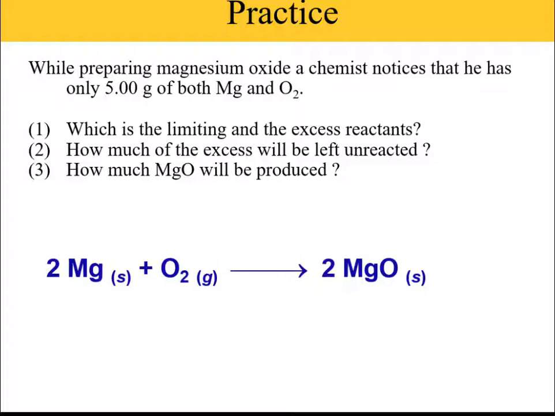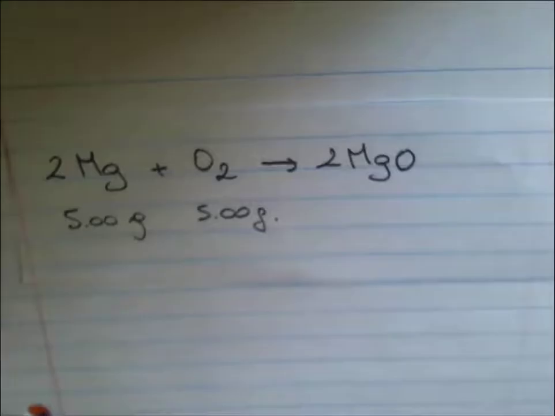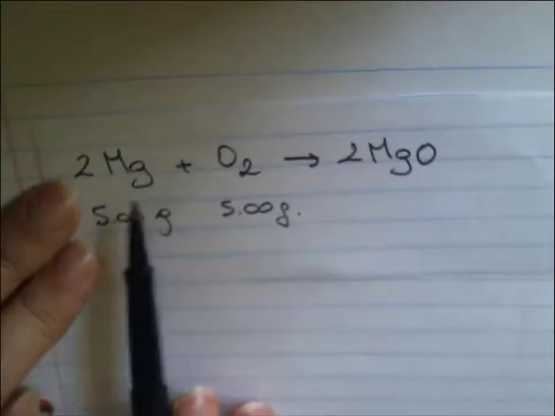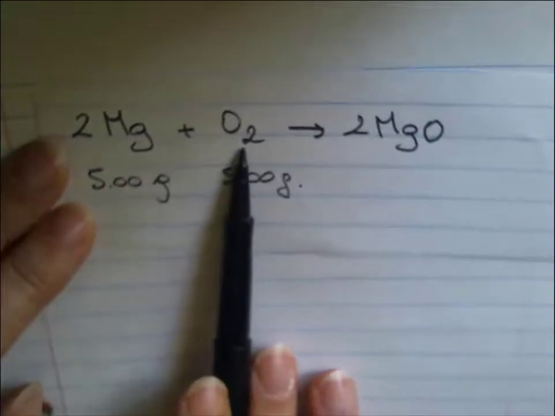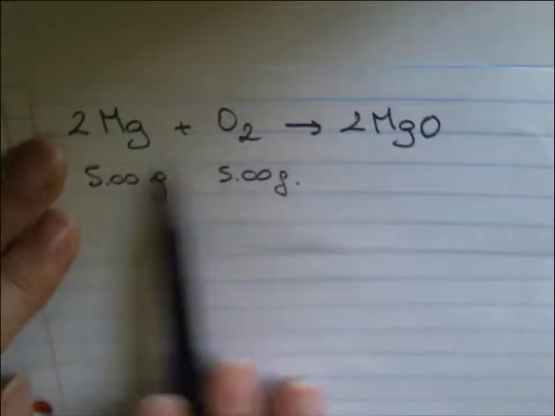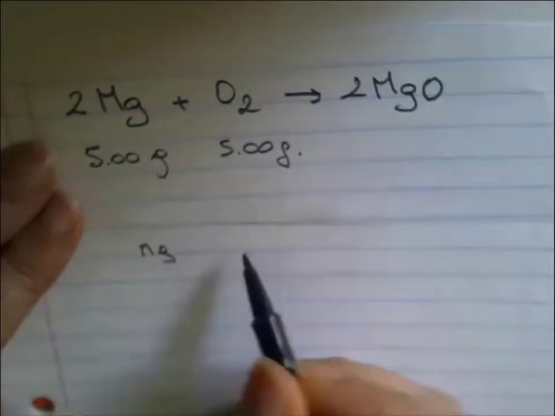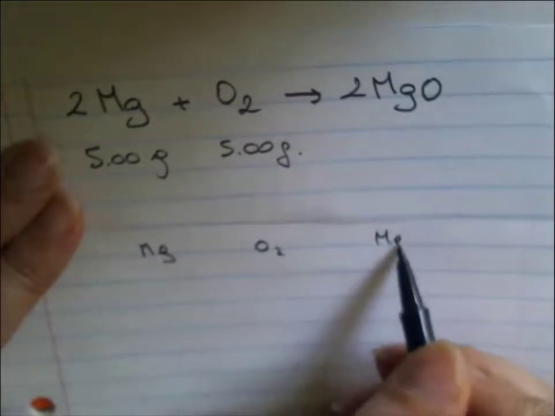So I'm going to pass on to my notepad to solve this problem. I have my reaction here: 2 moles of magnesium plus oxygen forms magnesium oxide. I'm going to set up my table with the magnesium, the oxygen, and the magnesium oxide.